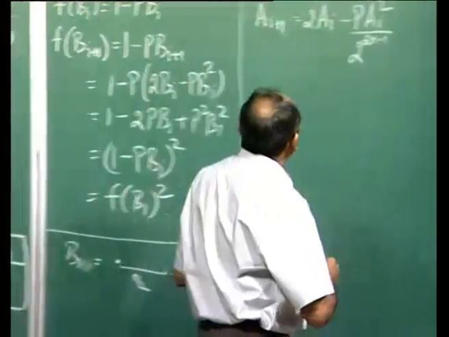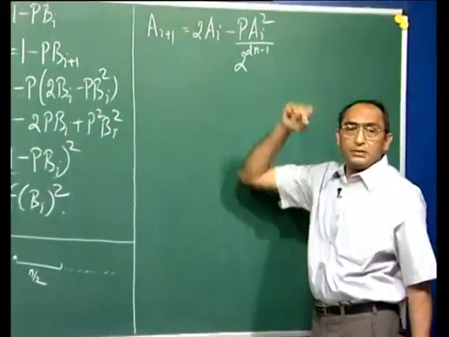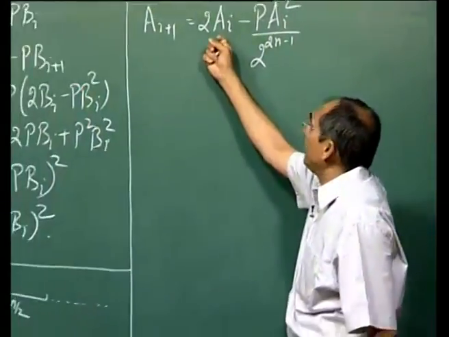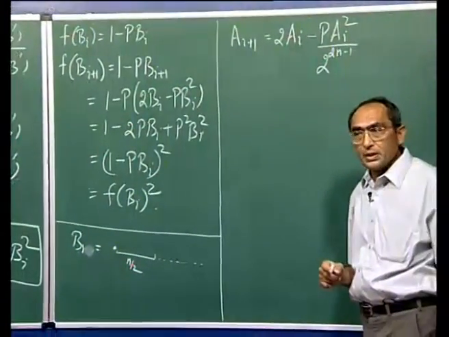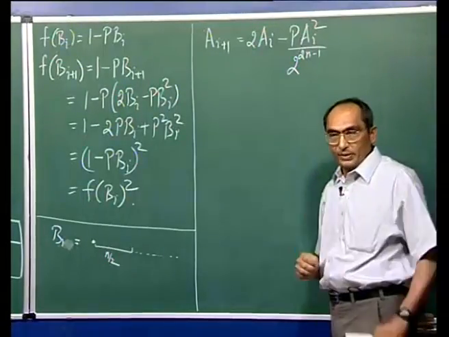So, what we will do is, we will recursively compute a I, but this time we will use only the first n by 2 bits of p.